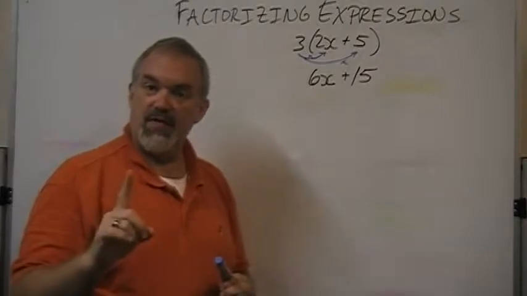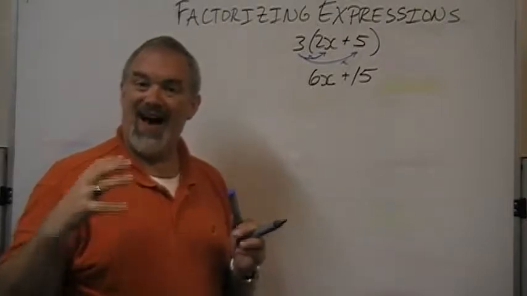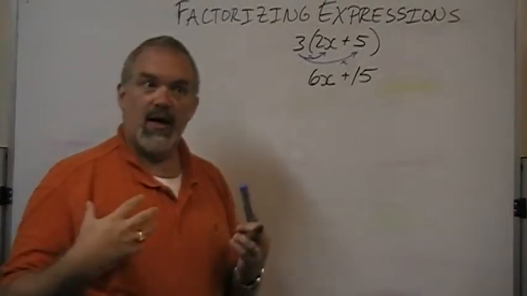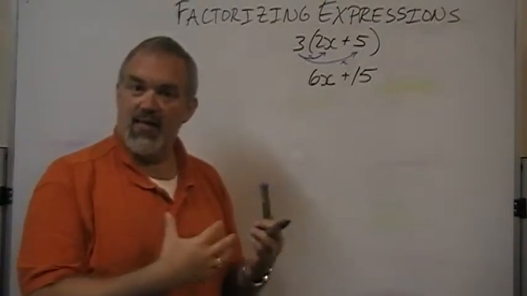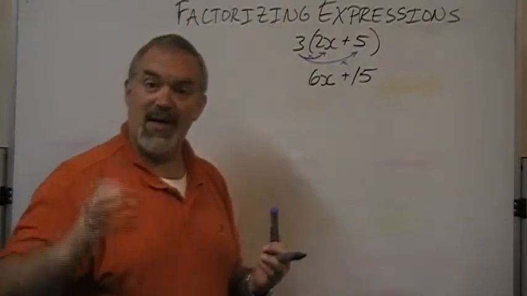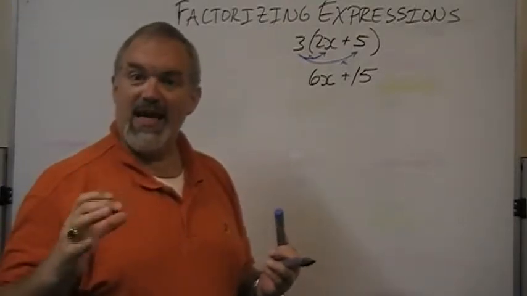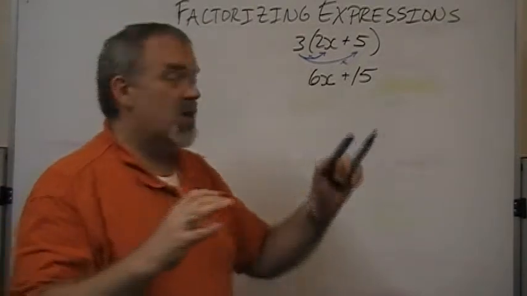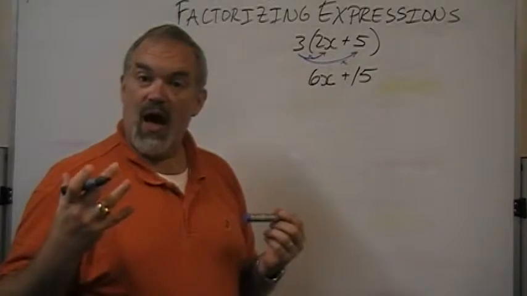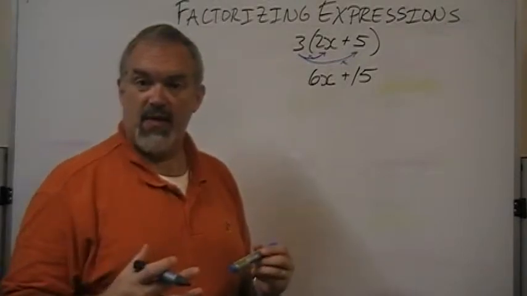The first step in factorizing is figuring out what the highest common factor is. Just like when we were doing fractions and getting denominators the same, the highest common factor is the biggest number that will divide evenly into both of our terms. So we have two terms here, 6x and 15. What's the highest thing that will divide evenly into both of those?